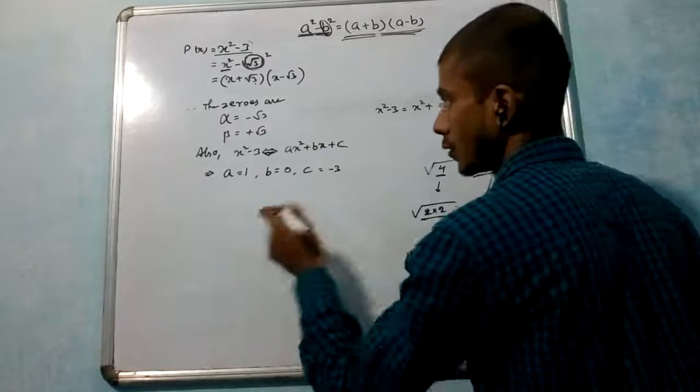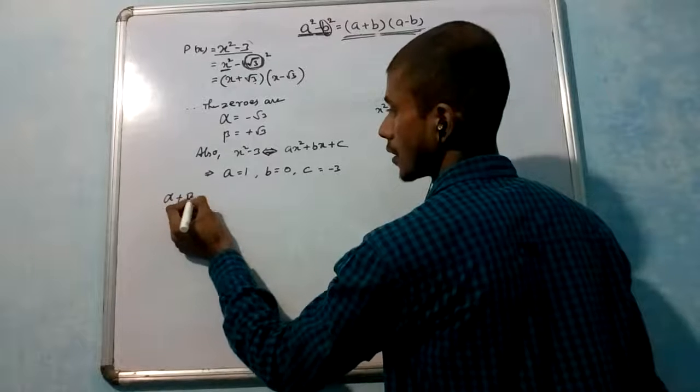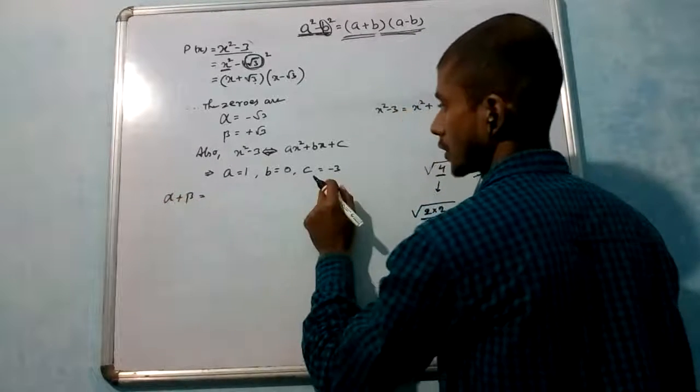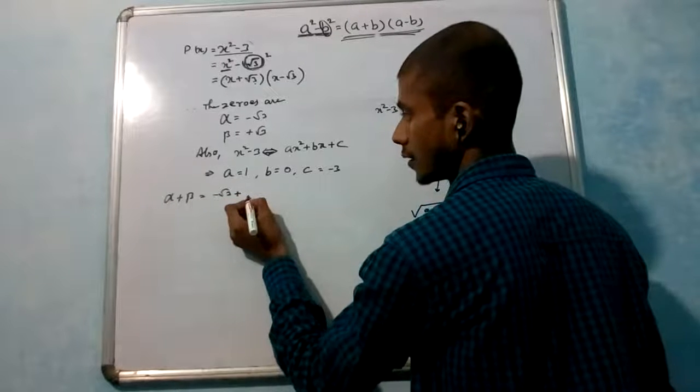Now check the verification. So alpha plus beta. What is alpha plus beta? Minus root 3 plus root 3, isn't it? How much?